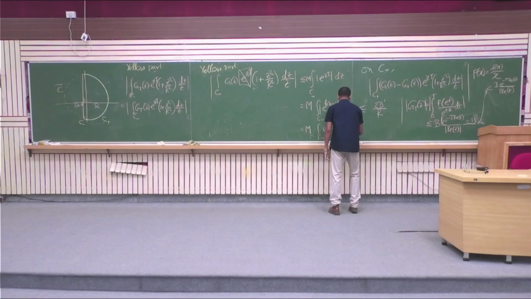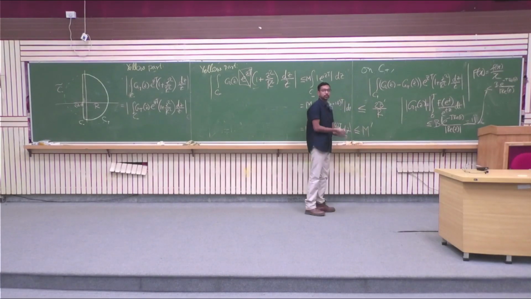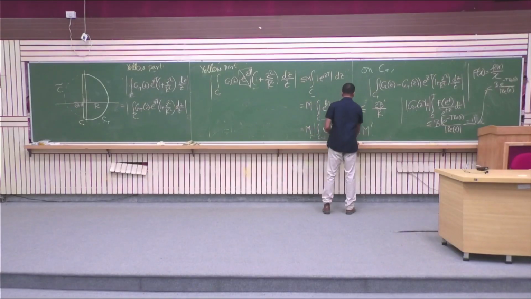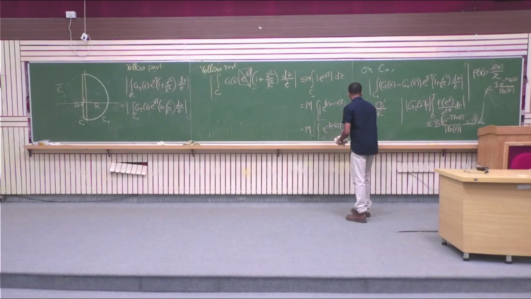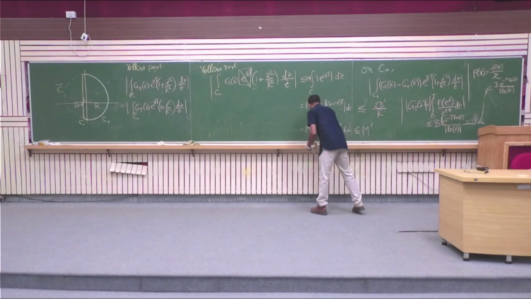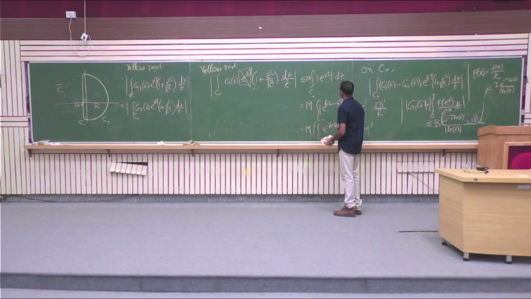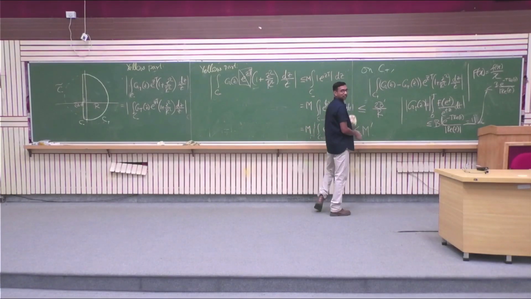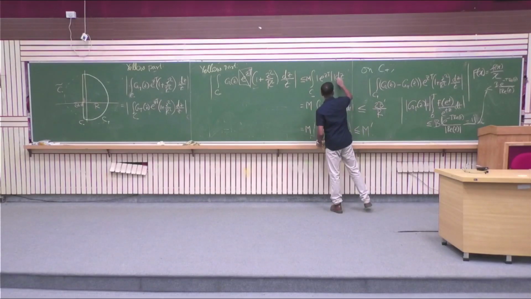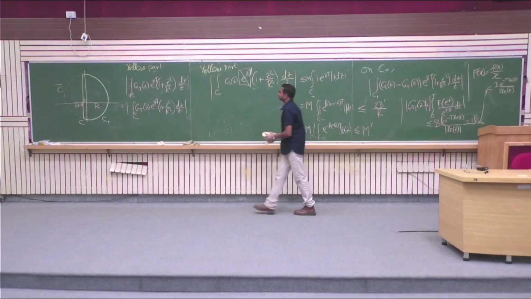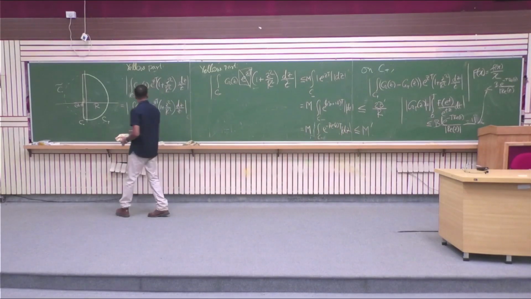So this remains bounded by some constant M dash. Okay. That is mod z, mod dz, right? And that is the length you mean? Yeah. Right. Sure.